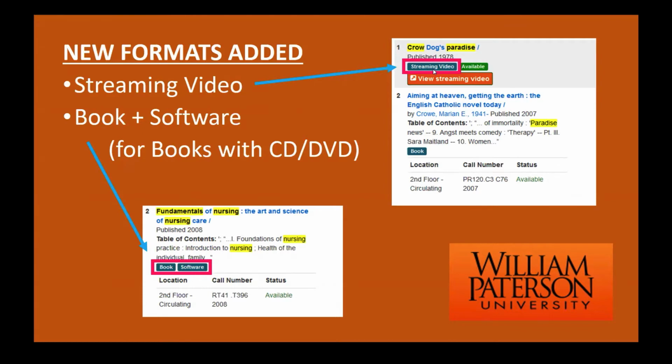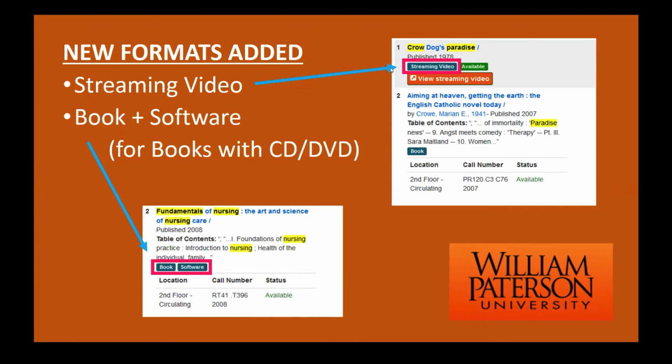And we have hundreds, even thousands, of streaming videos through our NJVid. So we wanted to be able to identify those with a format icon. And that was what we were able to do by modifying the VuFind script to read various fields in the 007 field in the bib record.